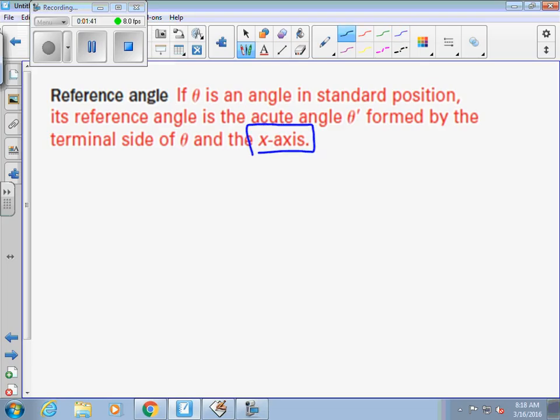What that means is, again, in a plane, it's going to be in standard position. If the angle opens up, let's say to here, going all the way to the fourth quadrant, you are not going to use this part of the x-axis as your reference angle.